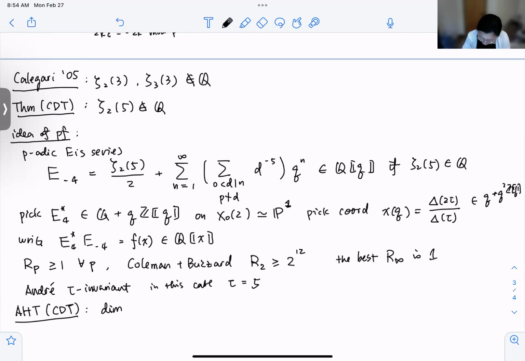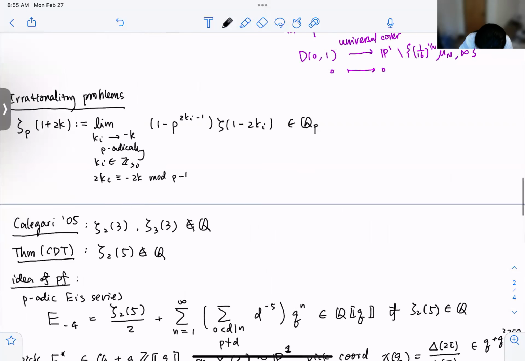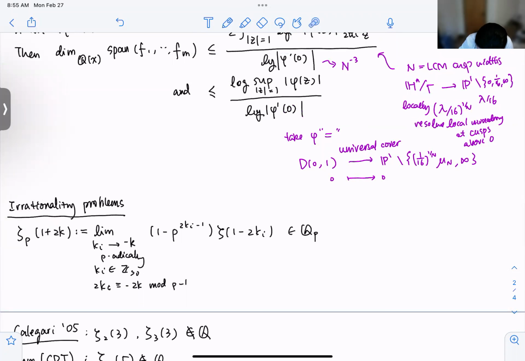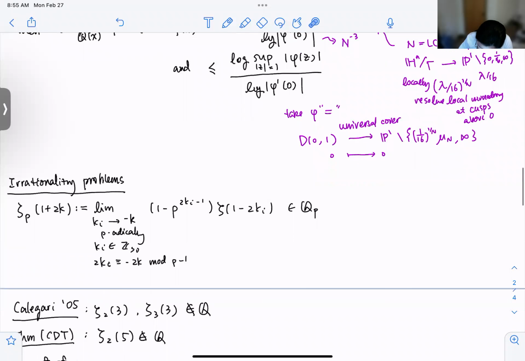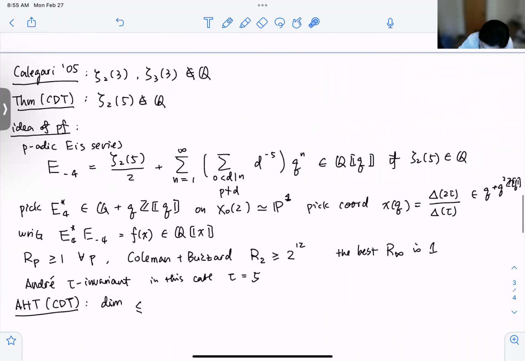We still consider all the f's which satisfy the same convergence condition and same denominator condition, then the dimension is smaller than, let me go back to the dimension here. We have the log of the sup norm with derivative on the bottom, and I'm just going to copy this bound but put it more adelically.